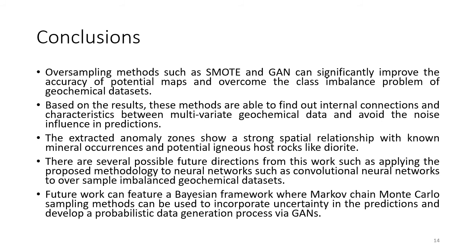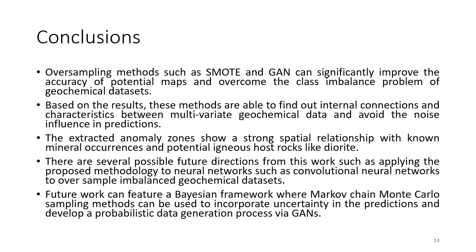The extracted anomaly zones show a strong spatial relationship with known mineral occurrences and potential igneous host rocks like diorite. Using those maps, we were also able to predict some anomalous zones that were far from mineral occurrences, and those areas can be promising target zones for field observations.